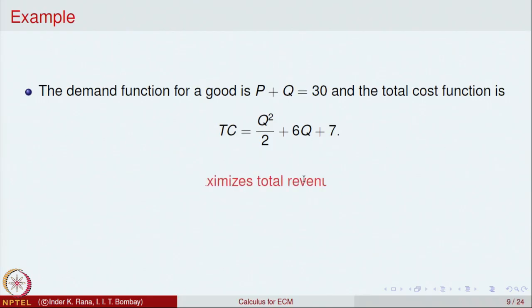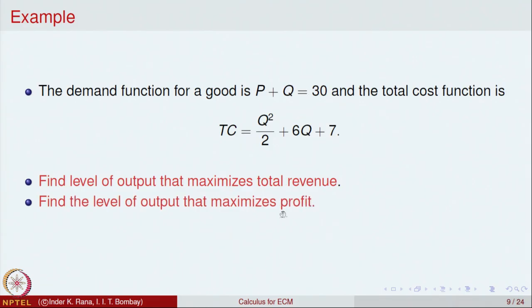As a consequence of this, we want to find out the level of output that maximizes the total revenue. To maximize the total revenue, first we have to calculate the total revenue function and then maximize it. Total cost is given, and the relation between P and Q is given, so this will help us write the total revenue.